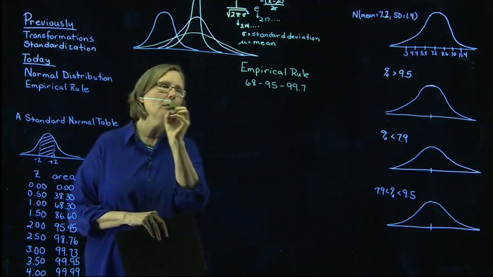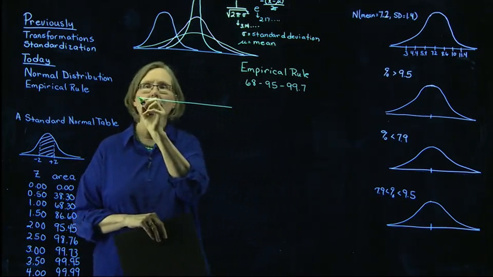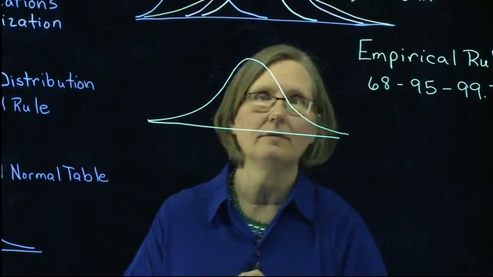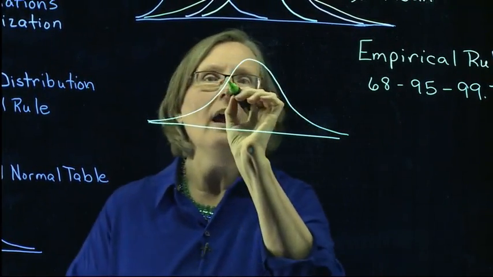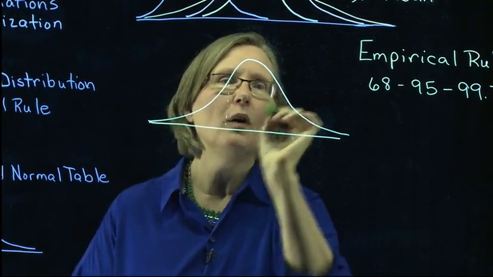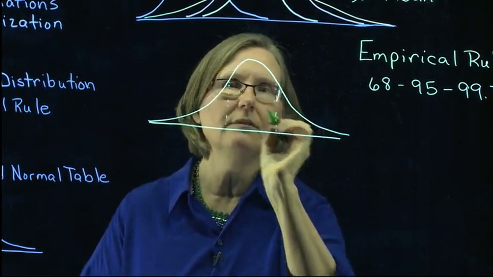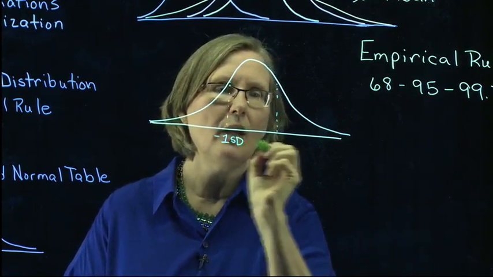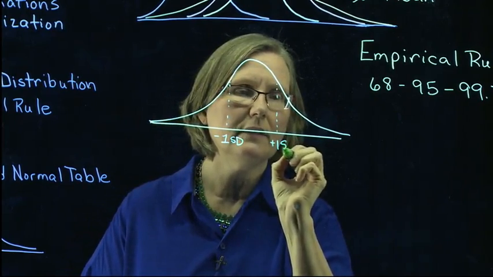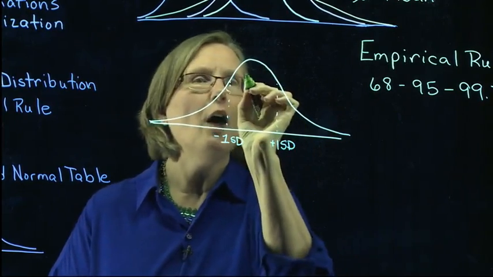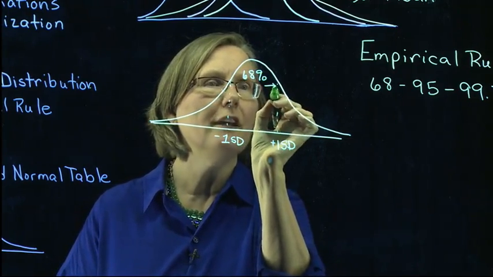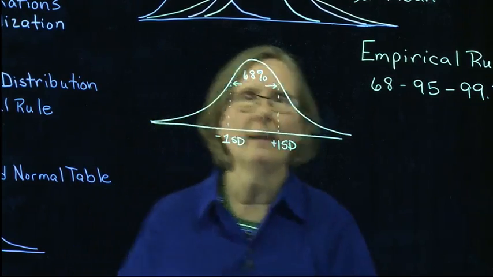If you have a normal distribution, regardless of its center and its spread, if you mark off one standard deviation, minus 1 SD plus 1 standard deviation, about 68% of the data observations fall in that interval.